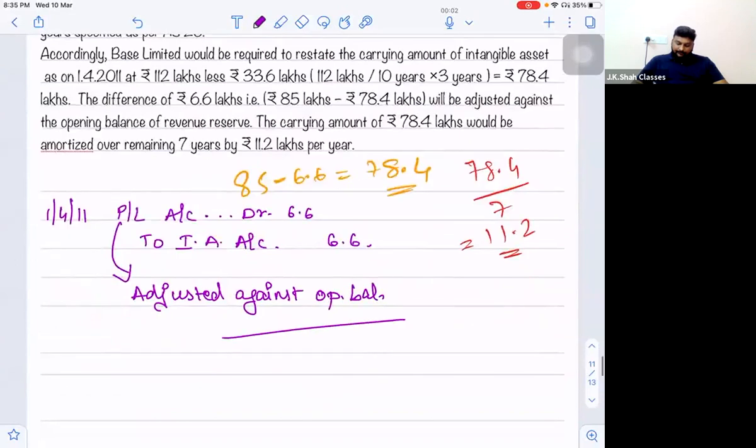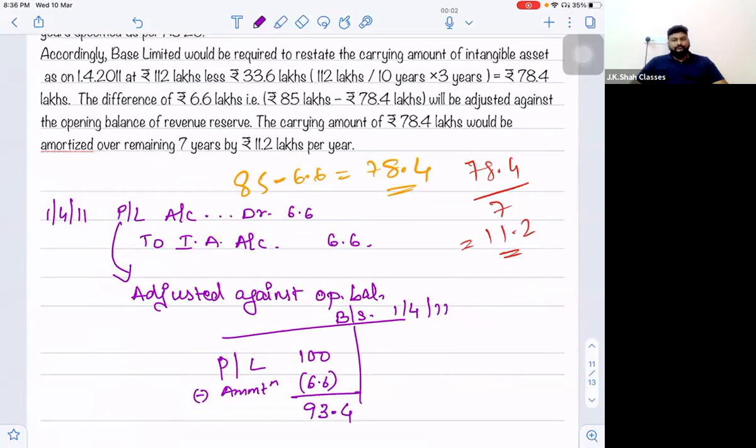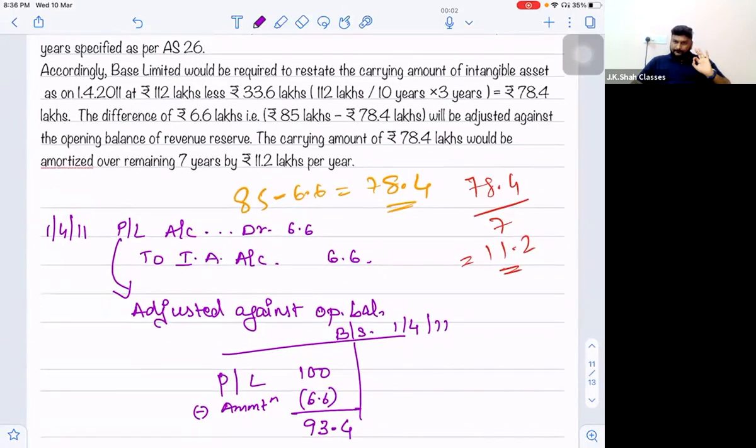Means, say in your balance sheet you have P&L at 100. Now this is the balance sheet as on 1st April 2011, the opening balance sheet. So in this 100, you will subtract amortization 6.6, so it becomes 93.4. So don't show this in the current P&L. Show it in the opening balance of P&L, because this is a retrospective change. I hope you understand the point.